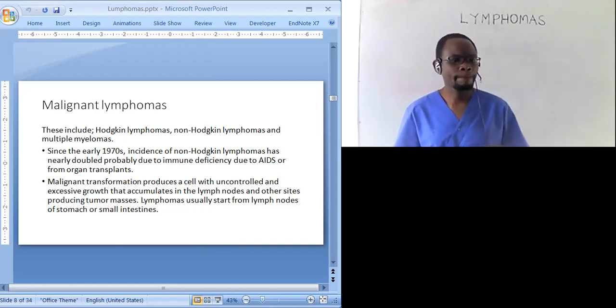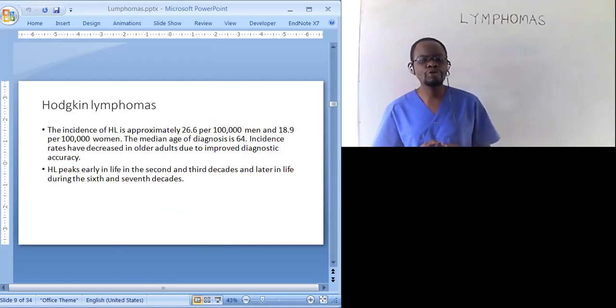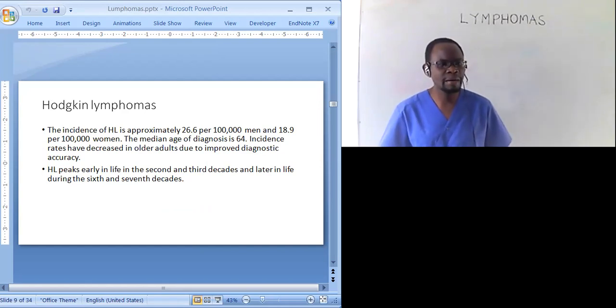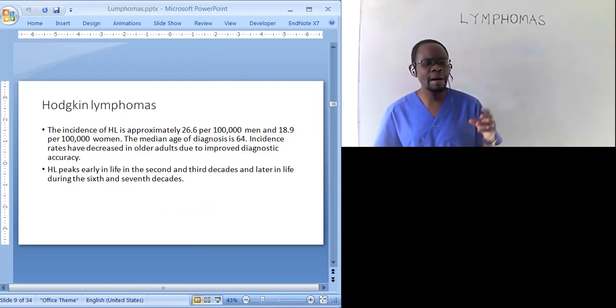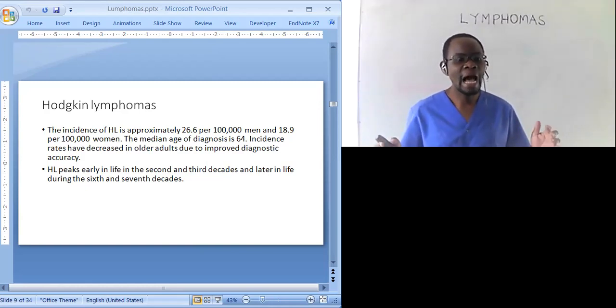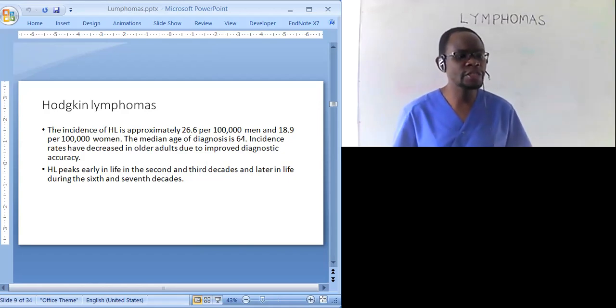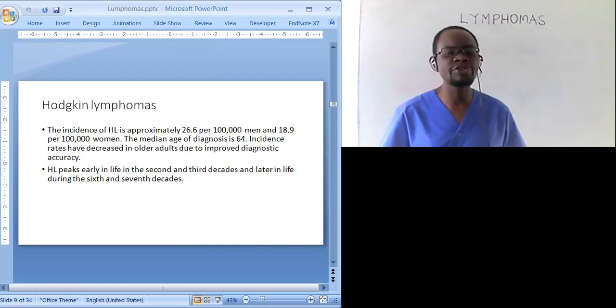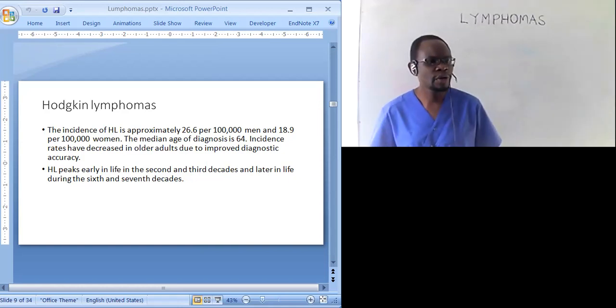All right, so let's talk about Hodgkin's lymphomas. These are approximately 26 per 100,000 men and about 19 per 100,000 women. In other words, they are more prevalent among men compared to women, and the mean age of diagnosis is usually 64.